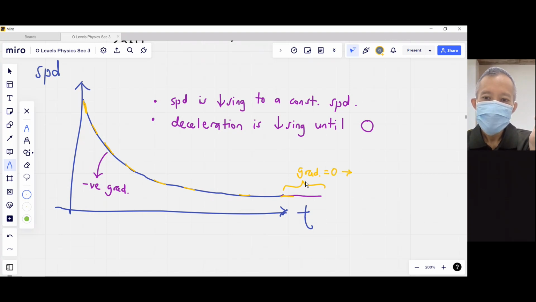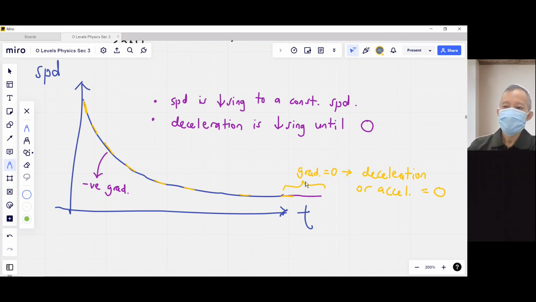So that means deceleration or acceleration is zero. Be able to look at the slope. You too, Fujin. Now let's give you one last example.